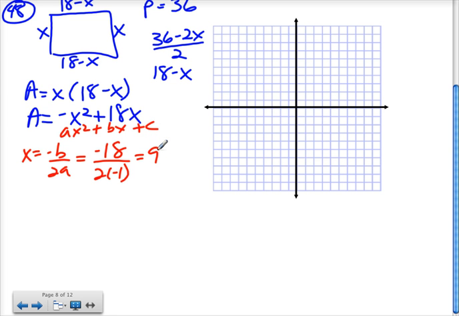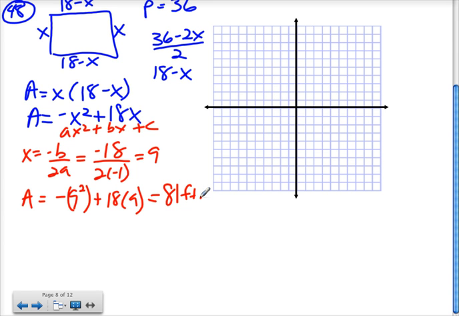And now what I have to do is either put it back up into the drawing or put it back into the quadratic. I'm going to go ahead and put it into the quadratic. So negative 9 squared plus 18 times 9. And that's going to be negative 81 plus 162. So that comes out to 81 square feet.